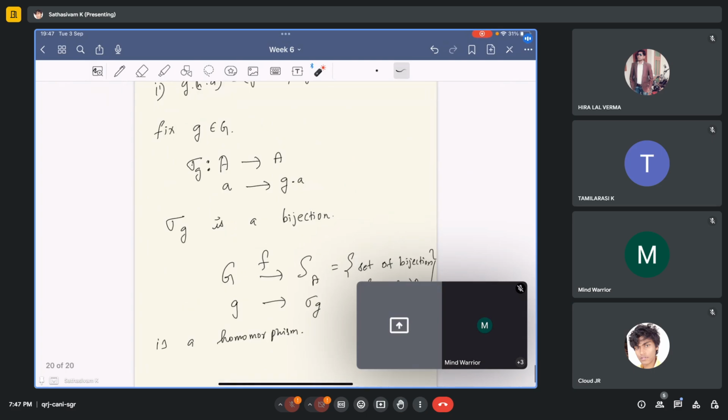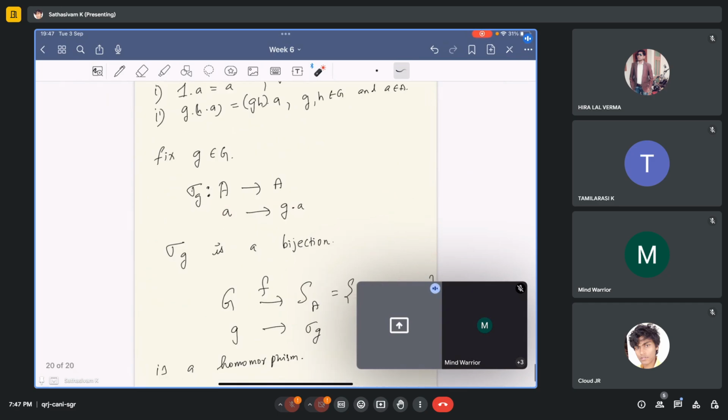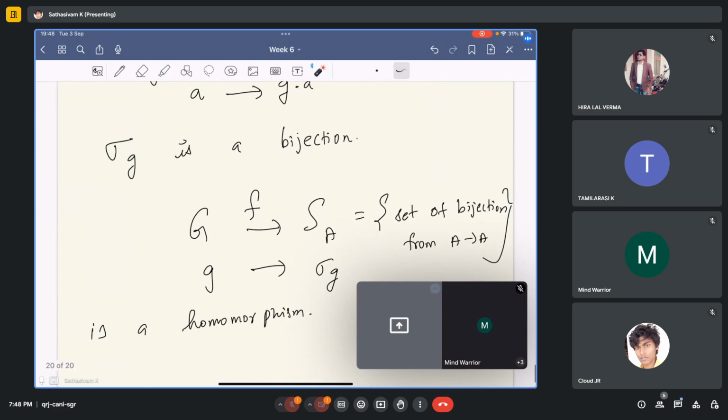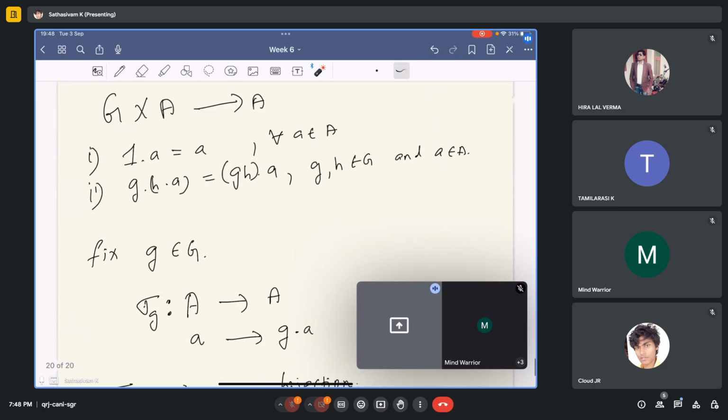I haven't proved why these two things are equivalent, why this is a bijection, and also why this is a homomorphism. But let's just assume it for now, and maybe we'll just prove the homomorphism part and leave the bijection part.